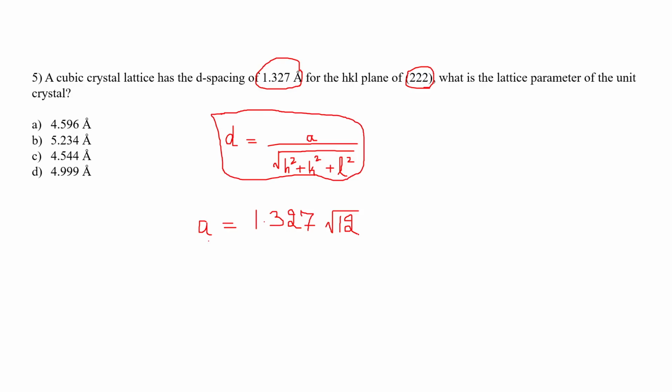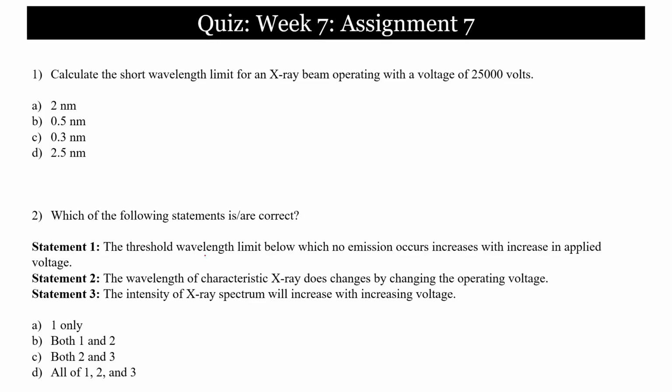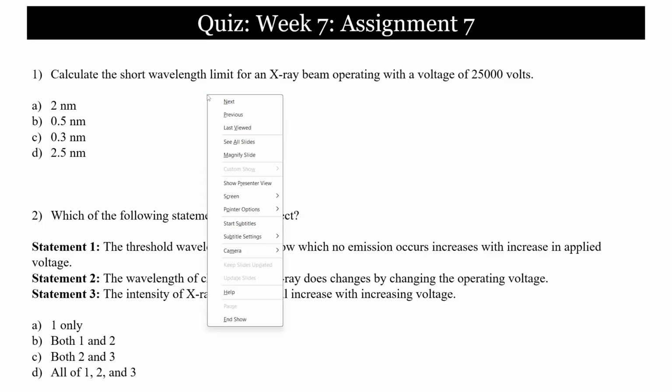So under root of 12 is 3.464 into 1.327. It gives a value around 4.59. Okay, so then this practice is over.